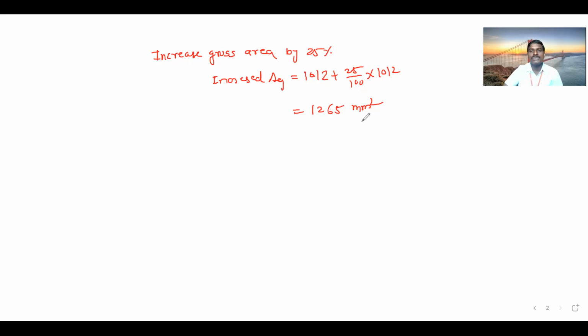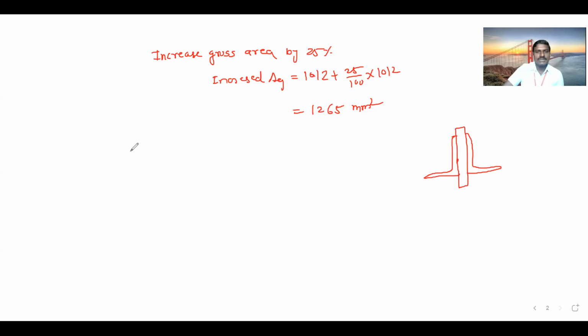It means we have to use two angle sections like this. Are you getting it, everyone? So this is the area for two angle sections. 1265 is the area for two angle sections. If we have to select one angle section, what do we have to do? Area divided by 2.